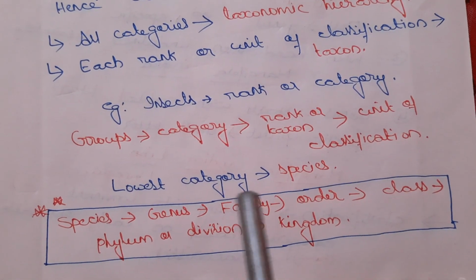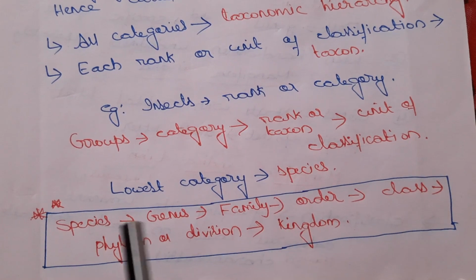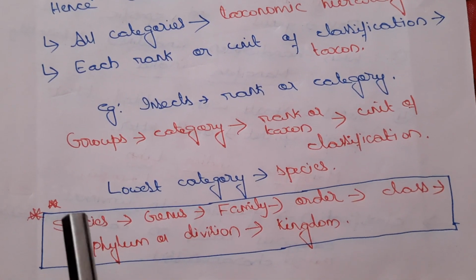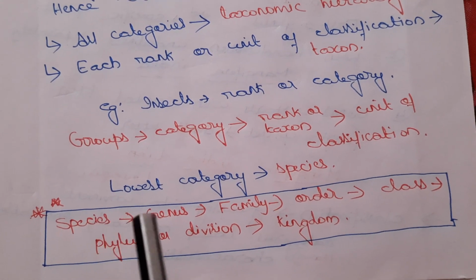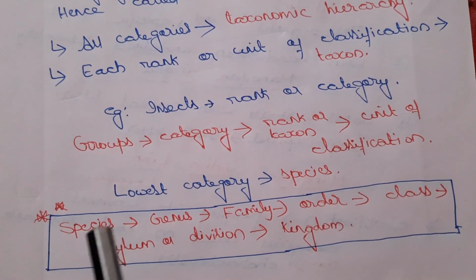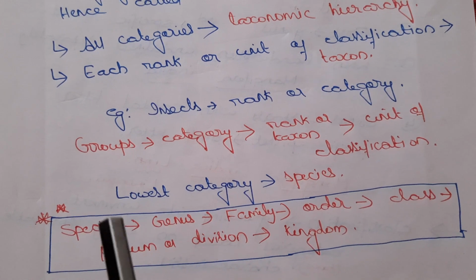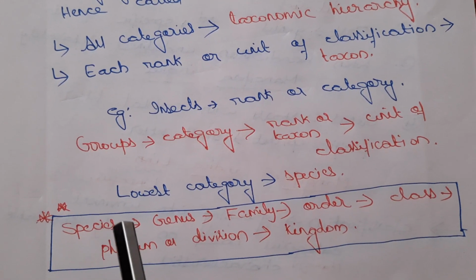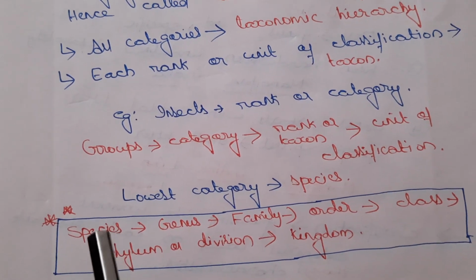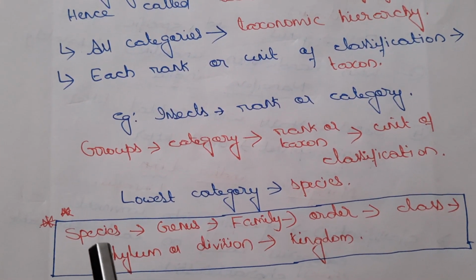So the lowest category or the lowest taxon is known as species. Now as we move from species to kingdom, we see that the similarities in organisms decrease. For example, Homo sapiens is a species. Homo sapiens is the scientific name of human beings.